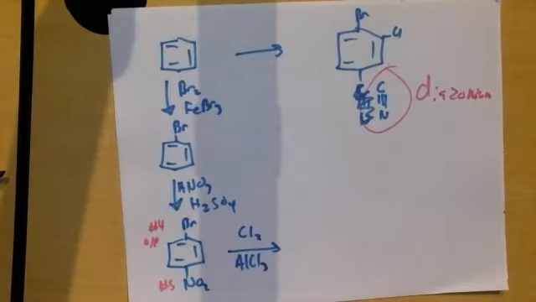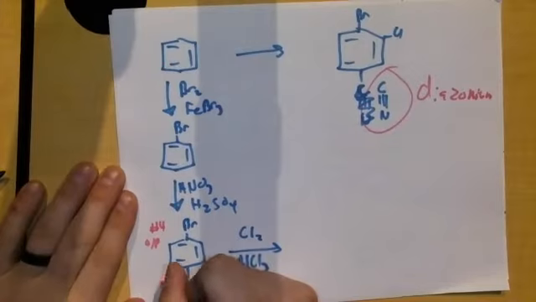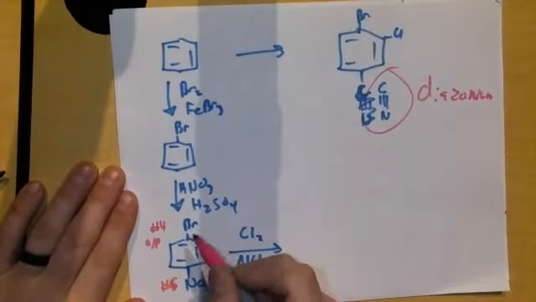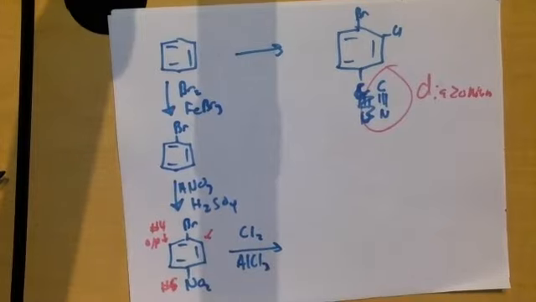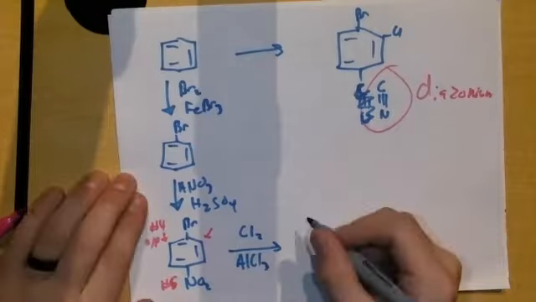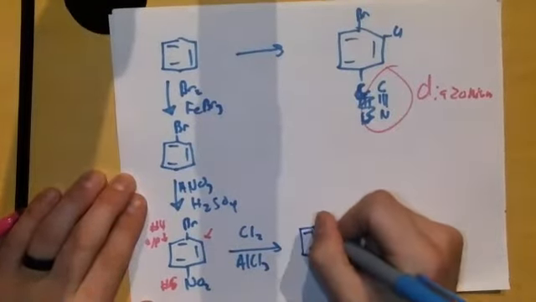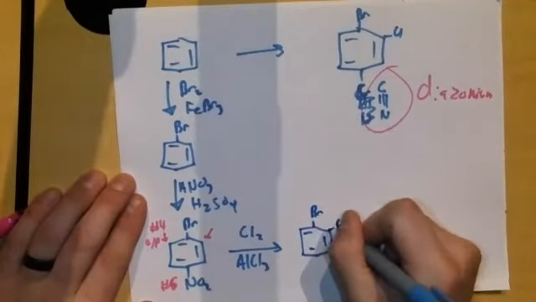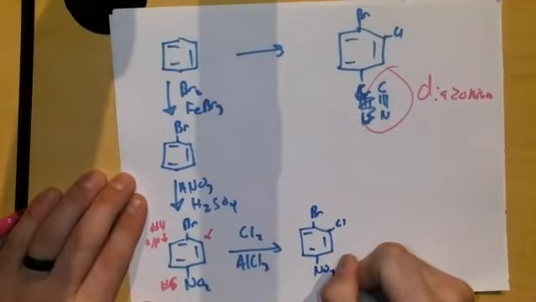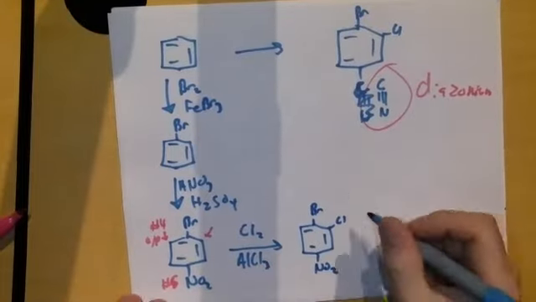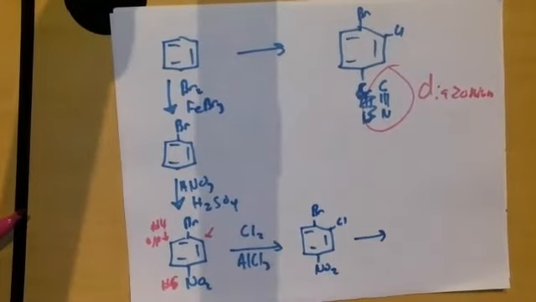I think it's actually group 6. So ortho-para positions are going to be these two. Our para is blocked, so we'll be able to chlorinate here, followed by going through our diazonium pathway.